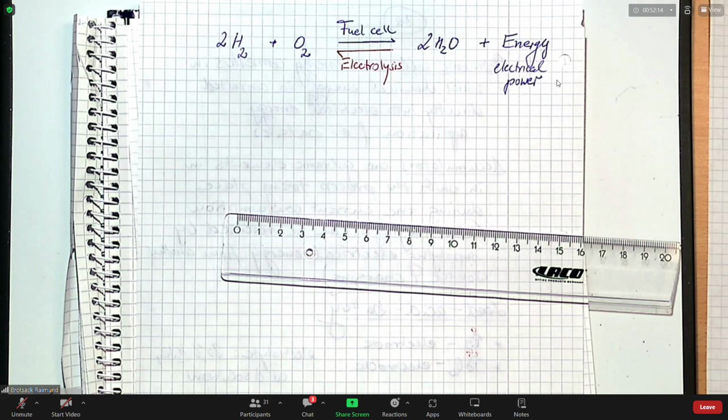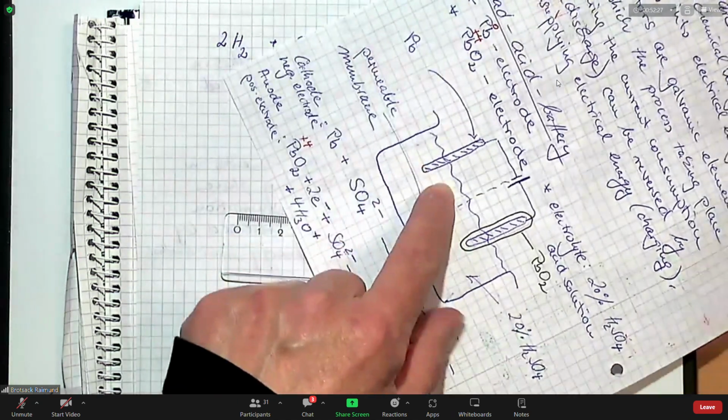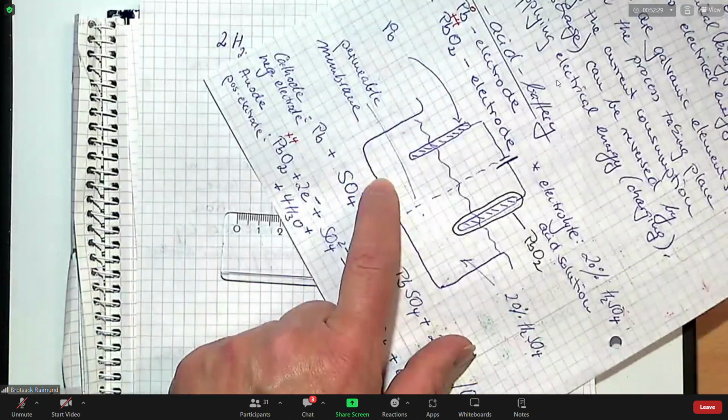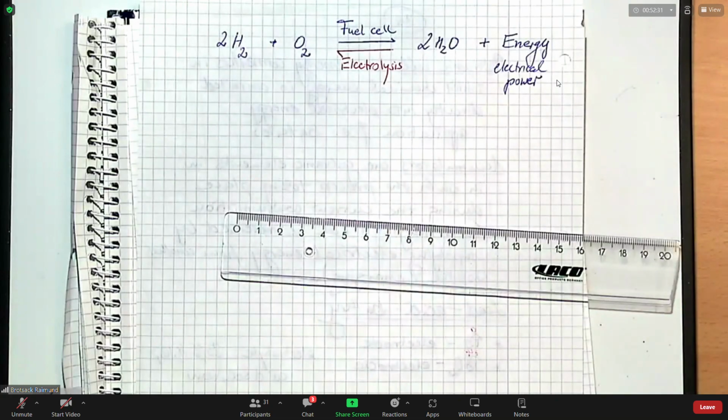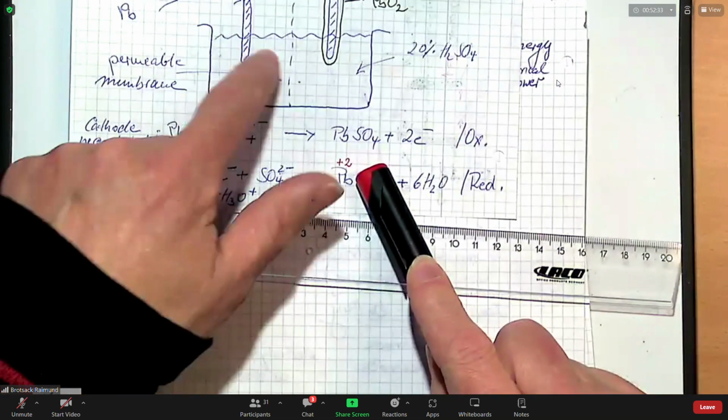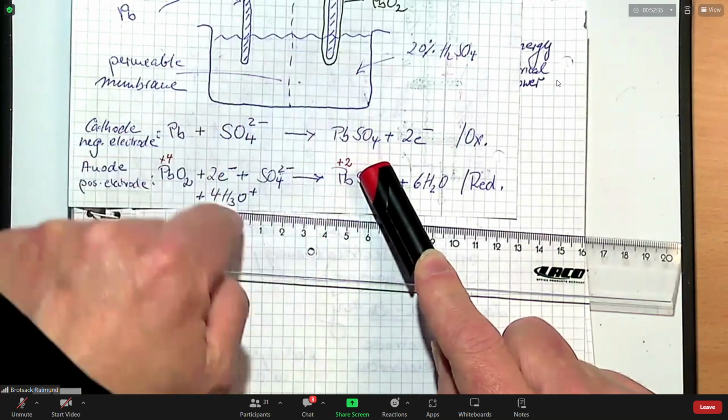But what is the big advantage? We have now hydrogen, and hydrogen can be stored. Electrical power we can't store. We just can transform it into anything else in a battery, but that's not electrical power. It's a storage in form of chemicals, even in the battery.